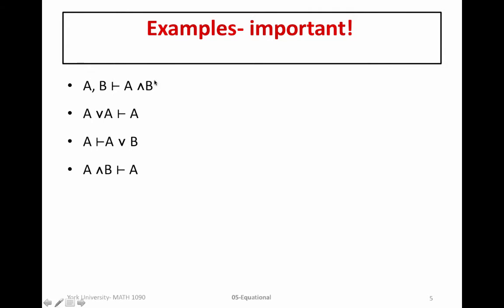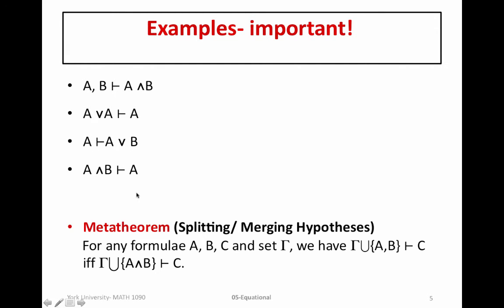Okay, so as I said before, we'll look at the actual proofs of some of these statements in class, and you'll be able to prove some of them on your own. I also mentioned before other examples where a theorem within logic can be looked at outside of logic and can help us to establish other metatheorems. So in particular, one important metatheorem is the splitting and merging of hypotheses, which says the following.